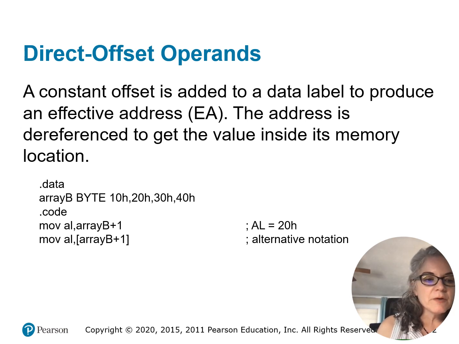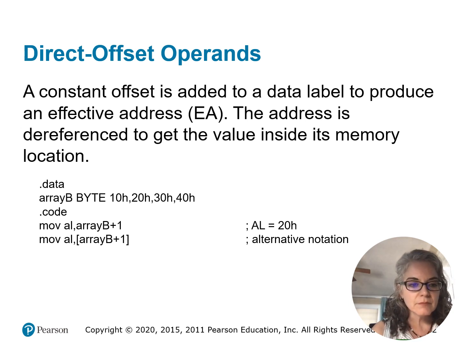Remember that when you create arrays, the locations are adjacent to one another. They're right next to one another. So 10H, whatever that address is, right next to it is where 20H is, 1 byte away. And it's 1 byte away because you defined it as a byte. If you define it as a word, it would be 2 bytes away.